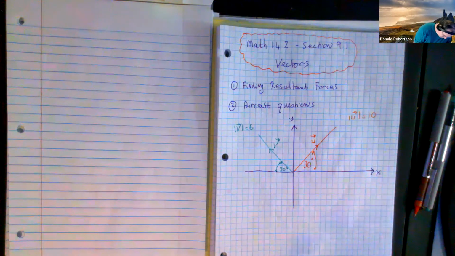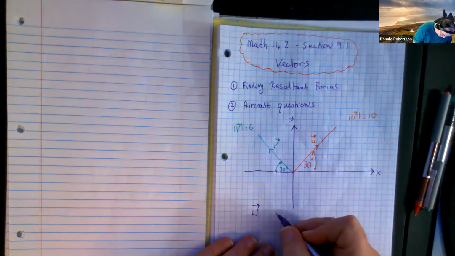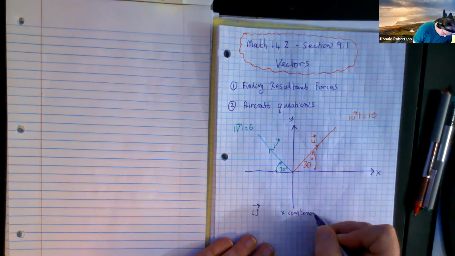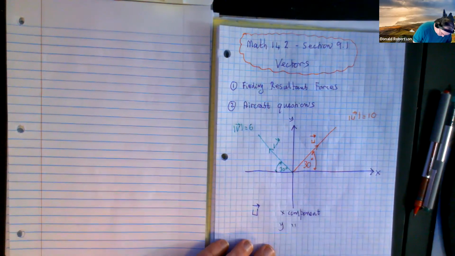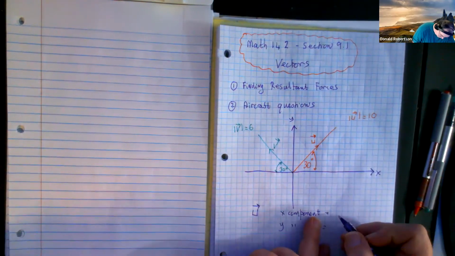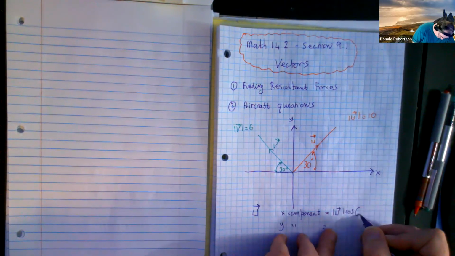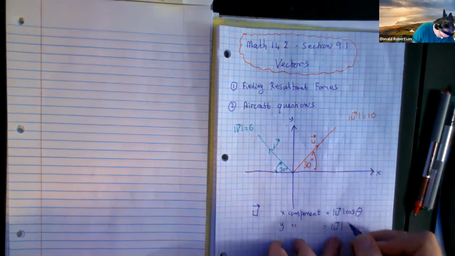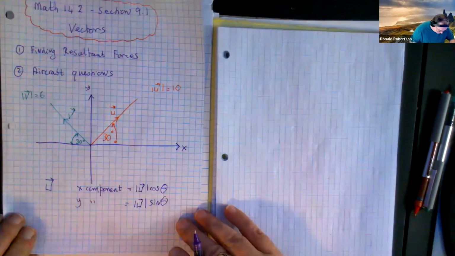So let's start with the vector U. I need to find what is called its x component, and I need to find its y component. And the formula for its x component is the magnitude of U times the cosine of the angle it makes with the x-axis, and the y component is the magnitude of U times the sine. Okay, nothing too surprising here.